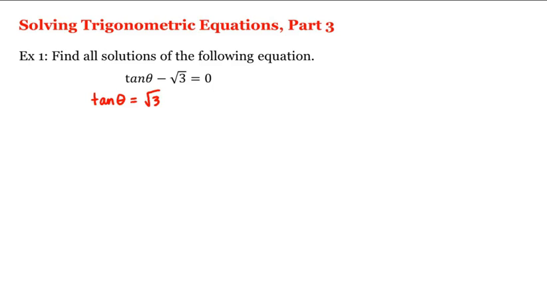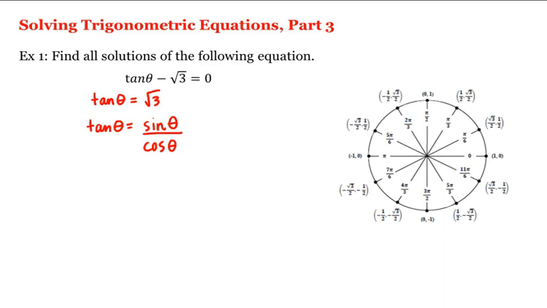Now remember, tangent of theta is equal to sine of theta divided by cosine of theta. And remembering our unit circle, the sine of theta is the y-coordinate of the point of intersection of the terminal side of its angle and the unit circle.